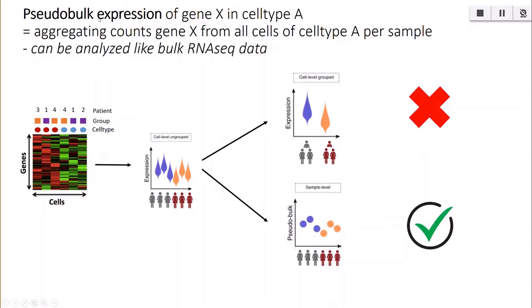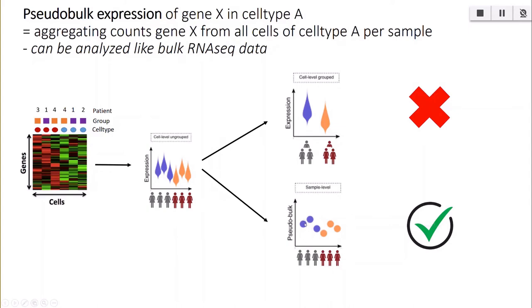What does pseudo-bulking mean? It means that we will aggregate all the counts of a gene for all the cells of that cell type, and we do that per sample. So instead of a distribution of gene expression levels across all cells of a cell type, we will get one singular value per cell type per sample, like shown here on the plot at the bottom right.